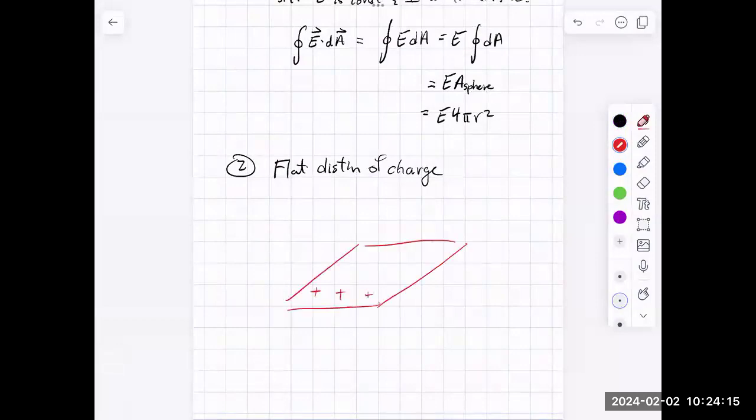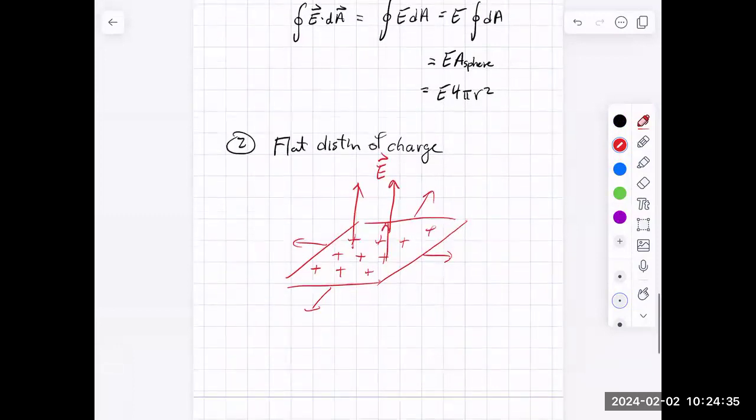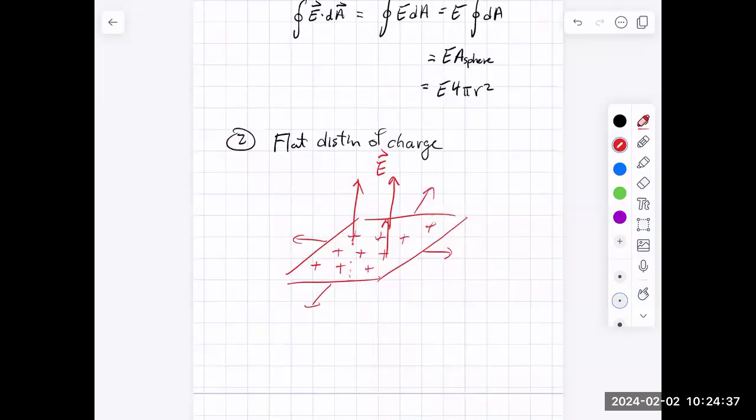We'll go through this one quickly because we just did it last time. But there's our sheet of charge, and you know, it keeps going. I've just drawn a section of it. So what we're going to find is that the electric field will be perpendicular to this sheet of charge. So below, it'll be pointing downwards.